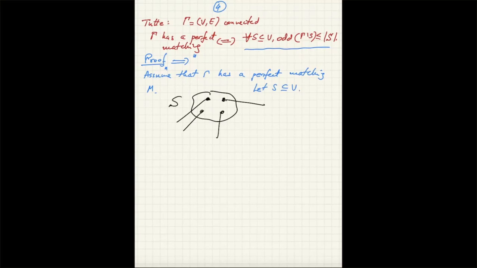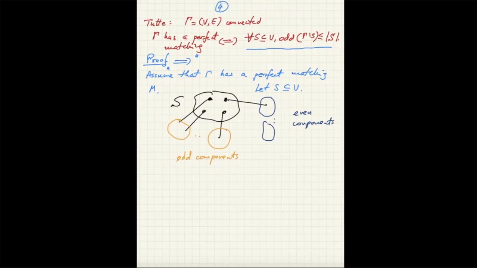So we can pile up those components into different parts. So here, these are the odd components. And on the other side, here, you have the even components.